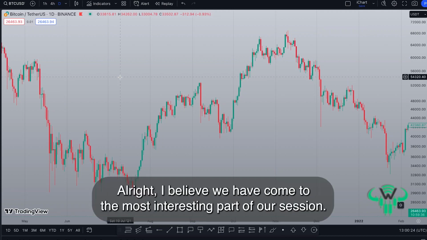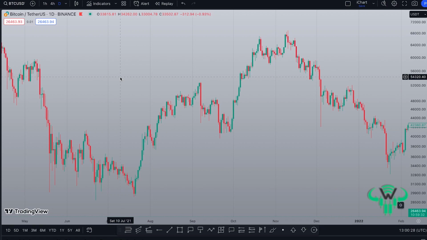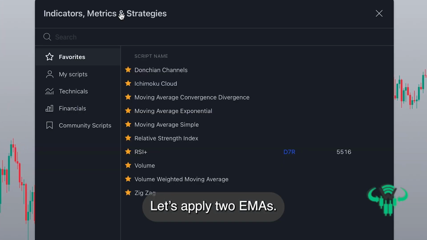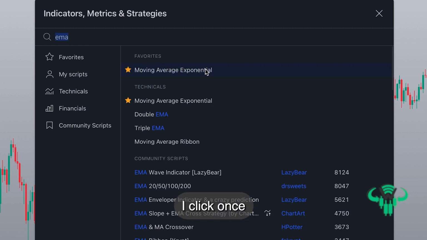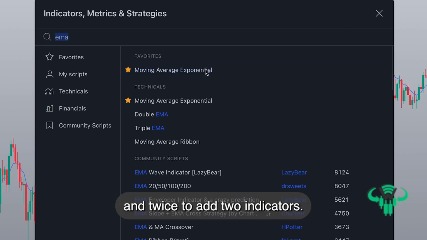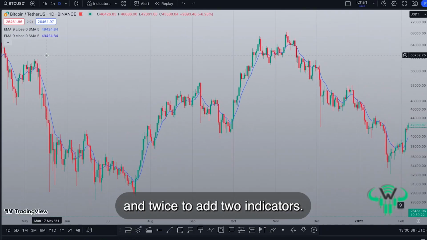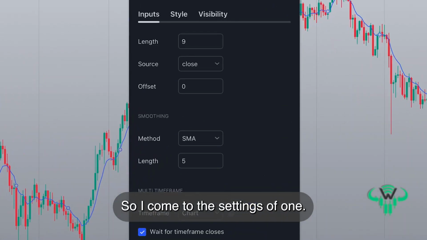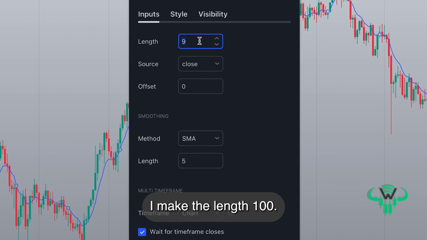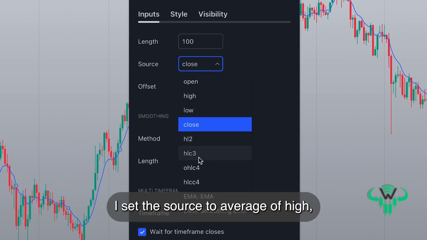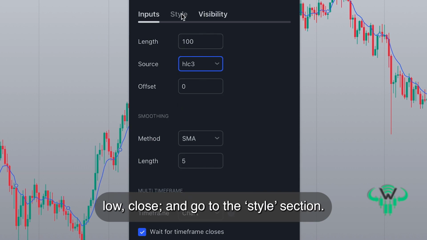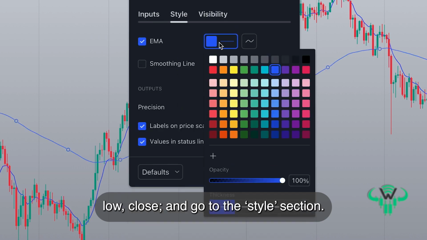Alright, I believe we have come to the most interesting part of our session. Let's apply two EMAs, actually, moving average exponential. I click once and twice to add two indicators. So I come to the settings of one, I make the length 100, set the source to average of high, low, close, and go to the style section.